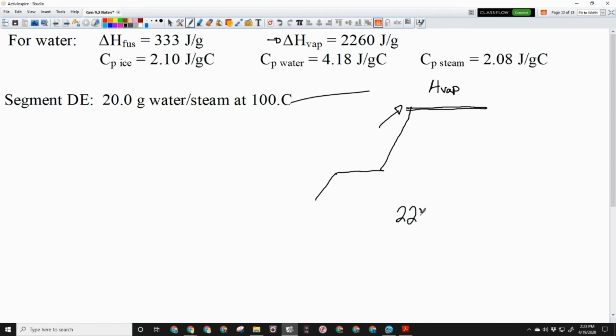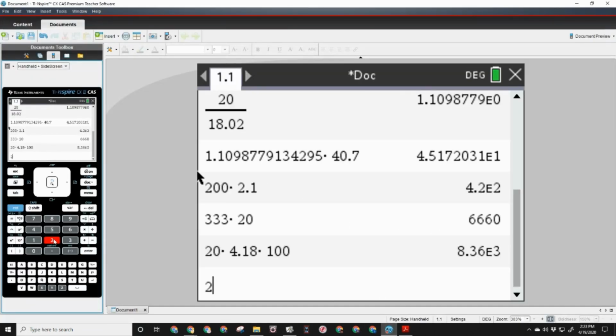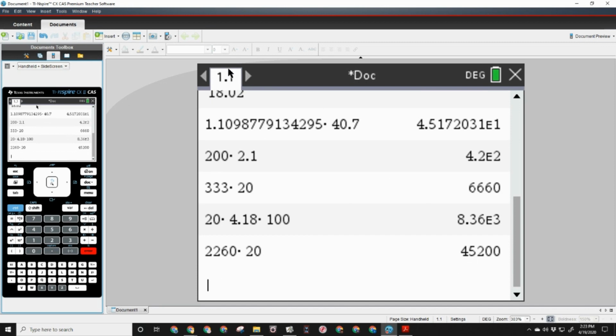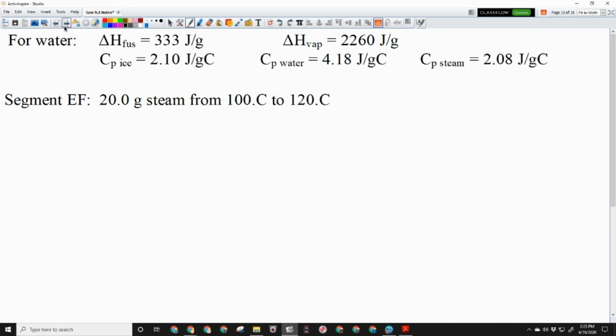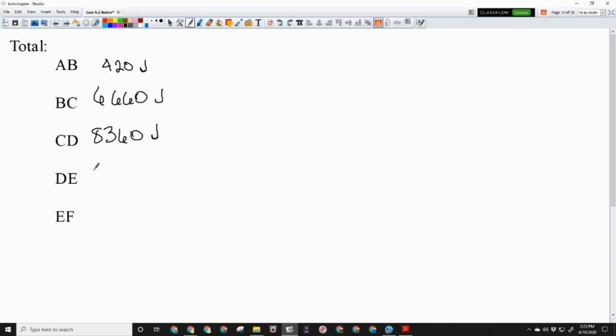So we're going to take 2260 times the amount, which is 20. We're going to get this section. So 2260 times 20. That's going to give us 45,200. So this is 45,200 joules. All right, almost there.